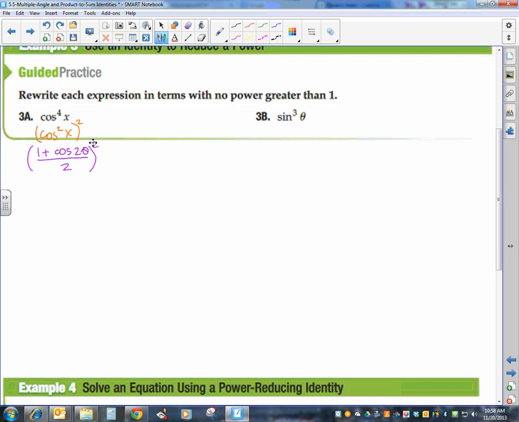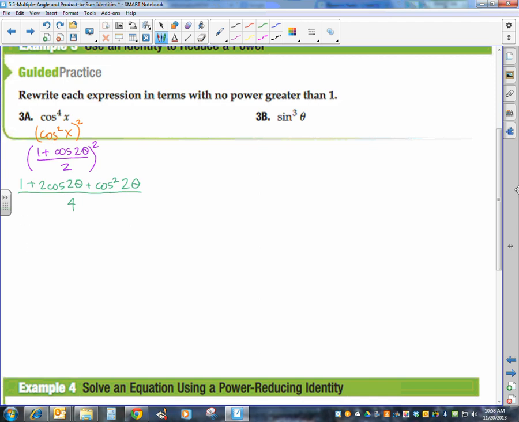Okay? So to go forth from there, we need to multiply that binomial. So that's 1, multiply them together, times 2 gives me 2 times the cosine of 2 theta plus cosine squared of 2 theta. And of course, we square our 2 and get 4. So I still have one more power in there that I got to get rid of.